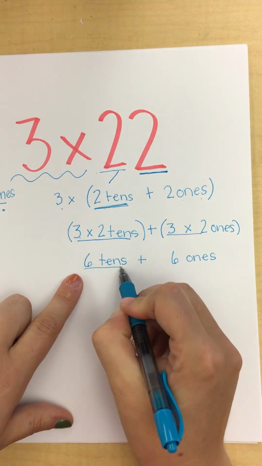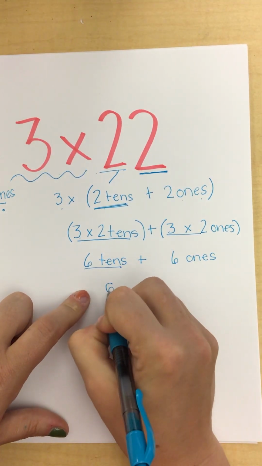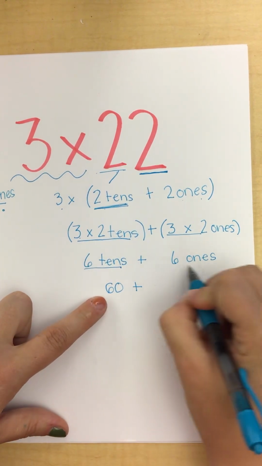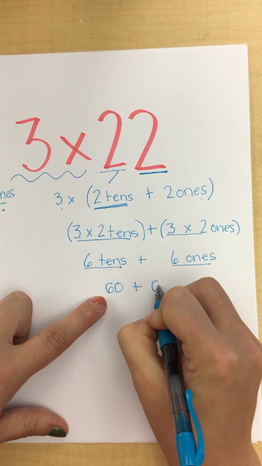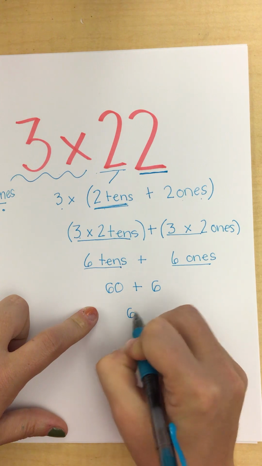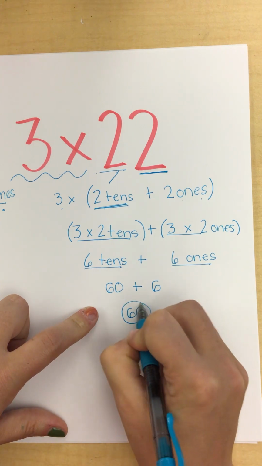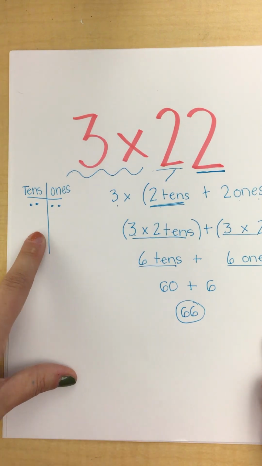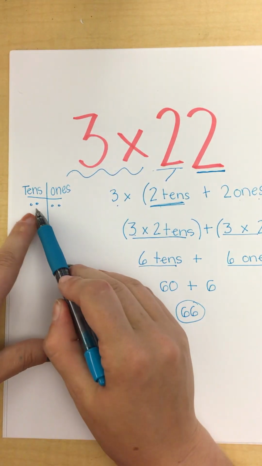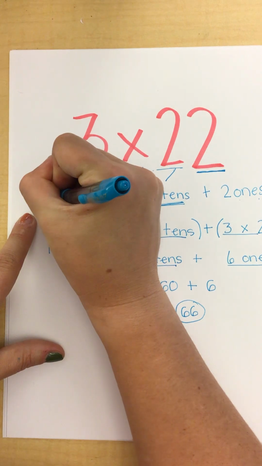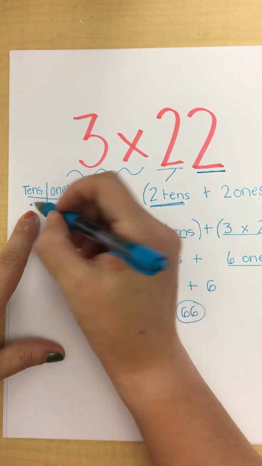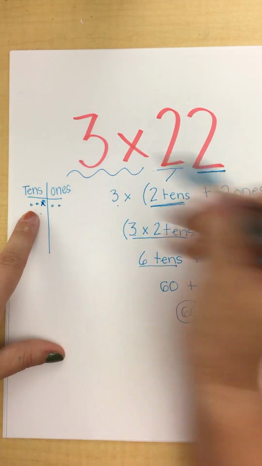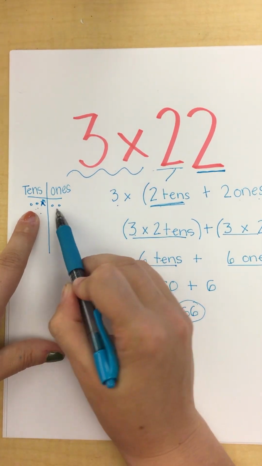Well, we know that 6 tens is the same thing as 60, and we know that 6 ones is the same thing as 6. And that equals a final total of 66. With our diagram, if we're just using the chart, we have 2 tens here and 2 ones.